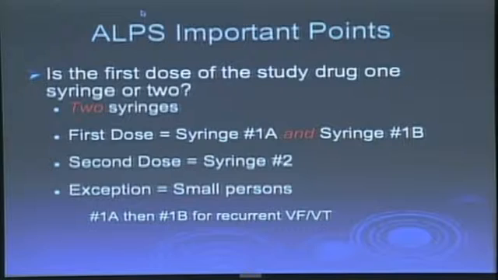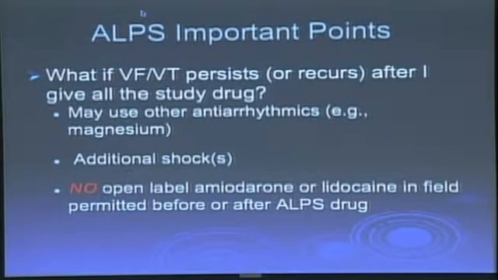So 2 syringes the first dose, and just 1 syringe in the second dose, except for really tiny people. So if you have little itty bitty people, we use 1 dose each.